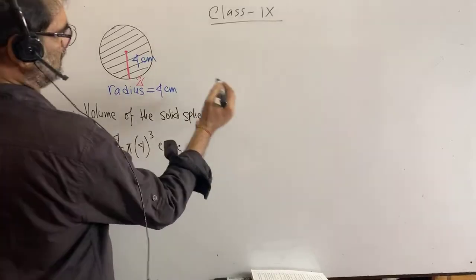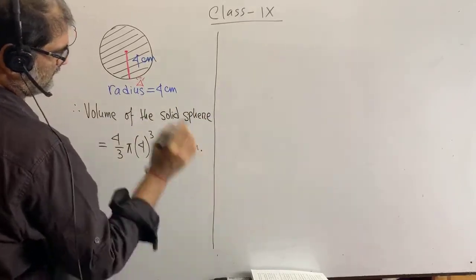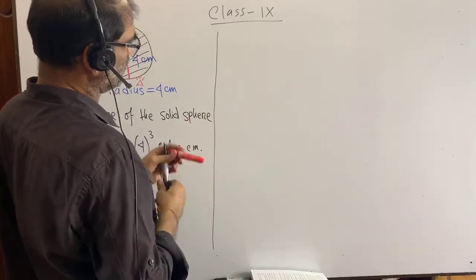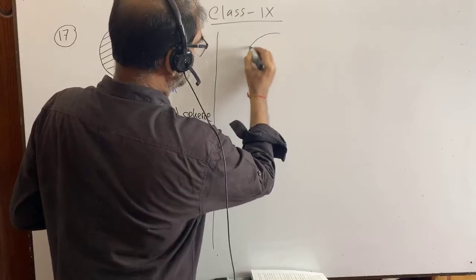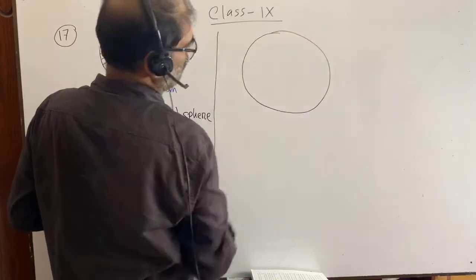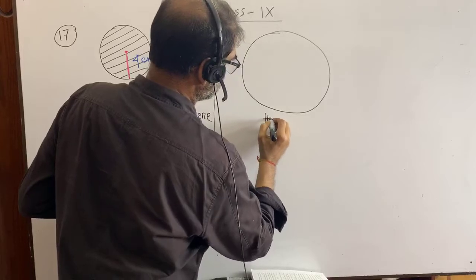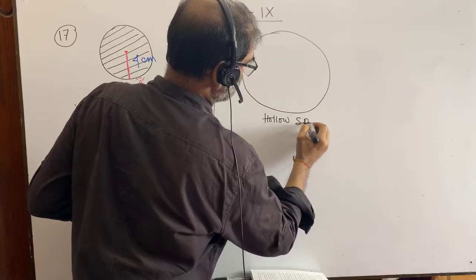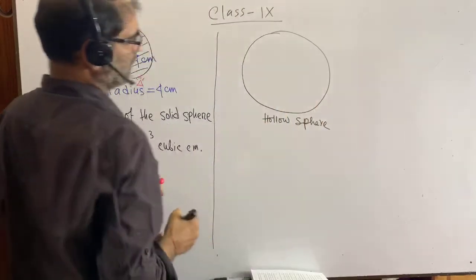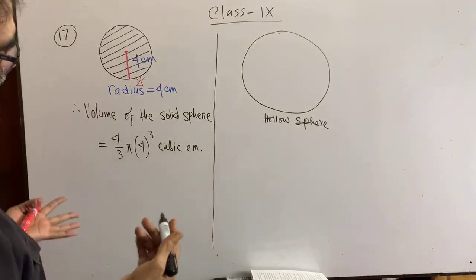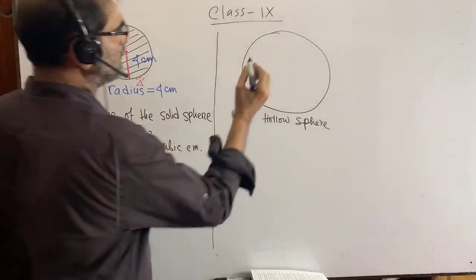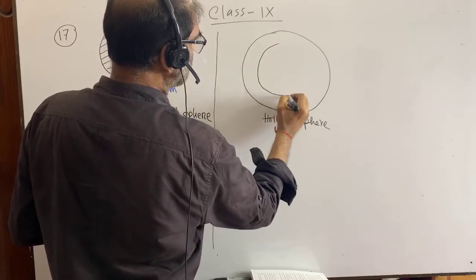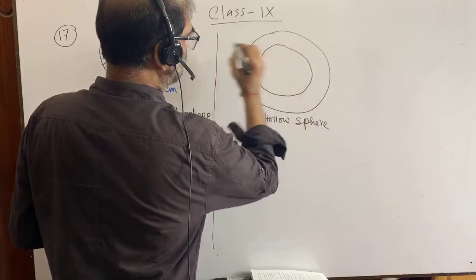What is meant by this? You try to understand. The molten part now will be used to form a hollow sphere. Suppose it is now a hollow sphere. You write down, it is a hollow sphere, like this.